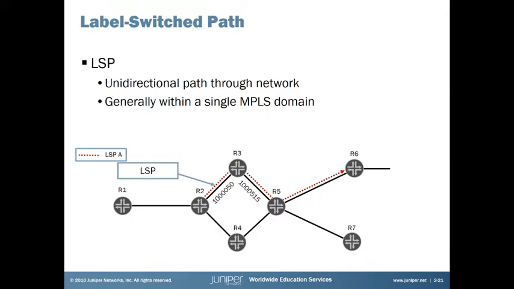LSP, a label switch path. It's a unidirectional path, so it only goes one way, which should automatically make you think, okay, where's the return traffic coming from? That means if we do want a two-way path, which we will, we need to have an LSP going the other way. Generally within a single MPLS domain, so within a single autonomous system.